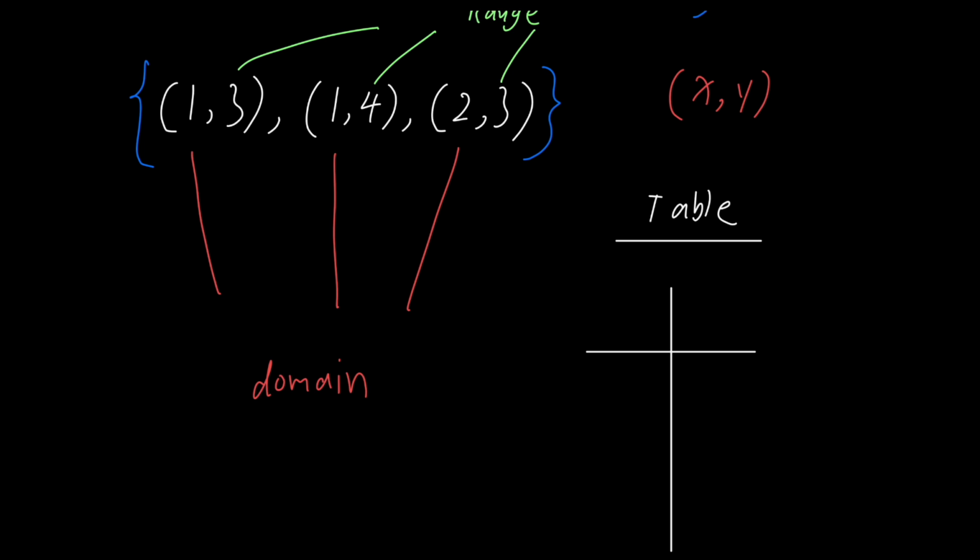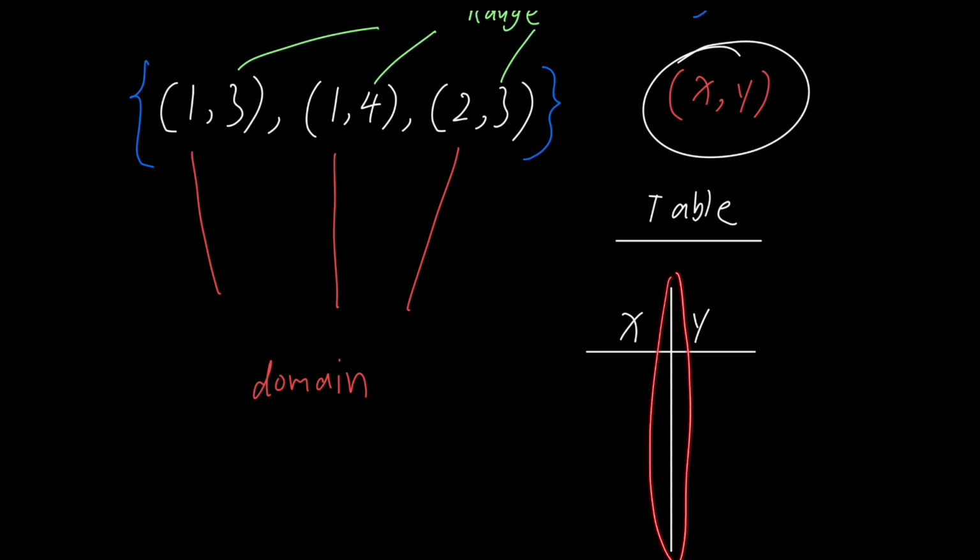We want to use this table to describe the ordered pairs. The general form of the ordered pair is this (x, y), so why don't we just write these two variables? Imagine that this vertical line is just like a comma to separate them.